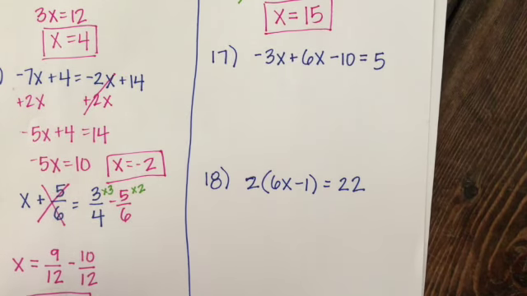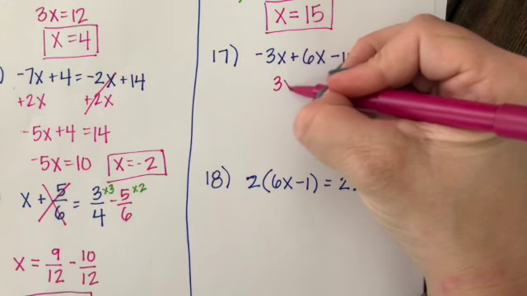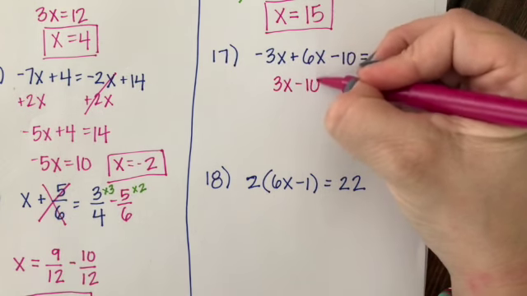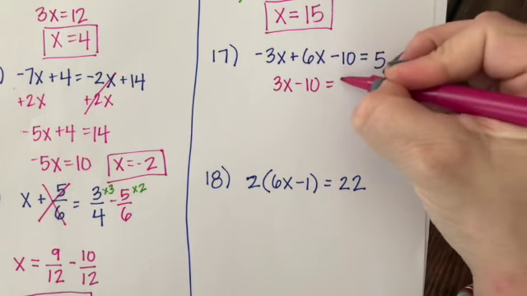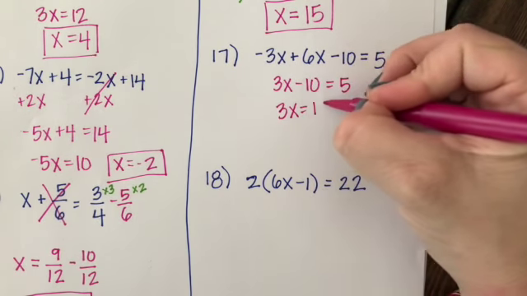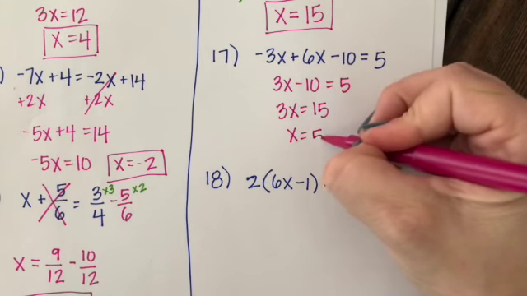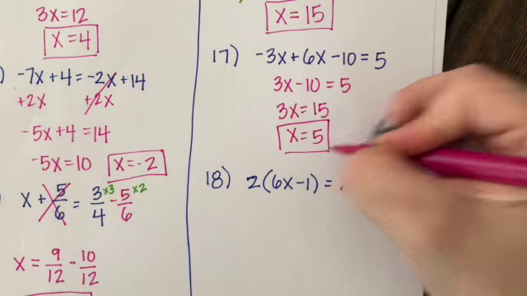On number 17, negative 3x plus 6x is just 3x minus 10 equals 5. Then we're going to add 10 to both sides to get 3x is 15, and then divide by 3 to get x is equal to 5.